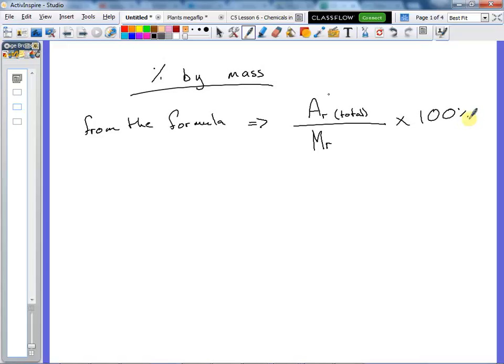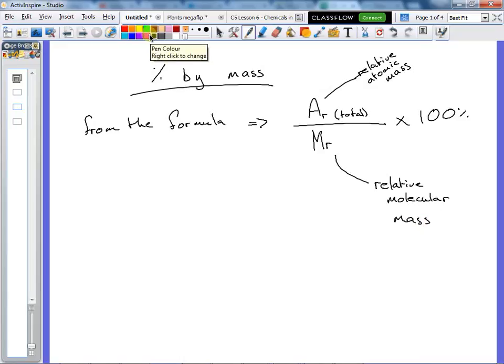The AR is the relative atomic mass, and the MR is the relative molecular or formula mass. The other thing that is worth noting here is that I've got the total here.